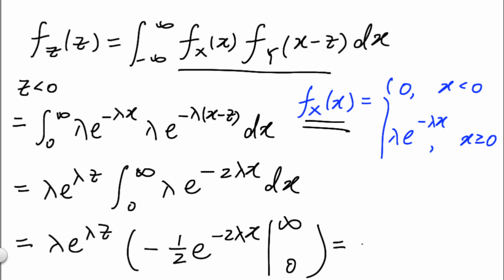And this will give us lambda over 2 e to the lambda z. So now we have an expression for f of z evaluated at little z when little z is less than 0.